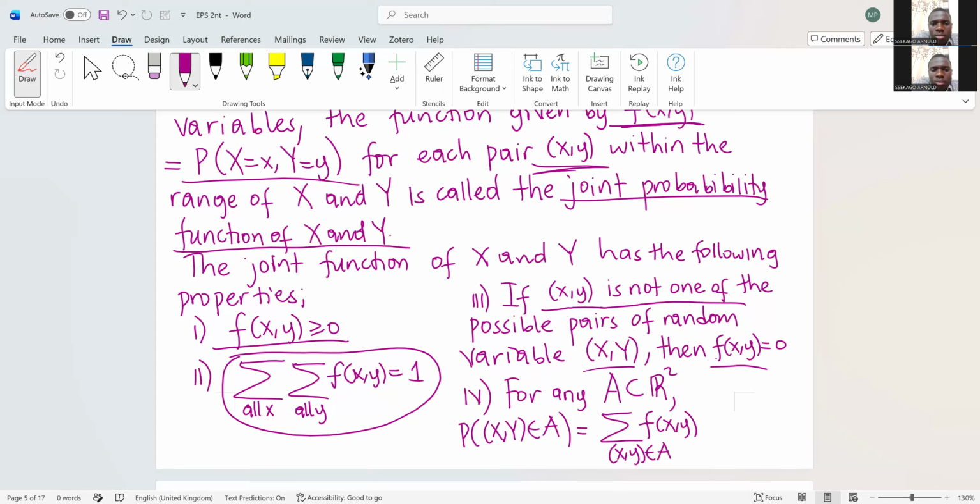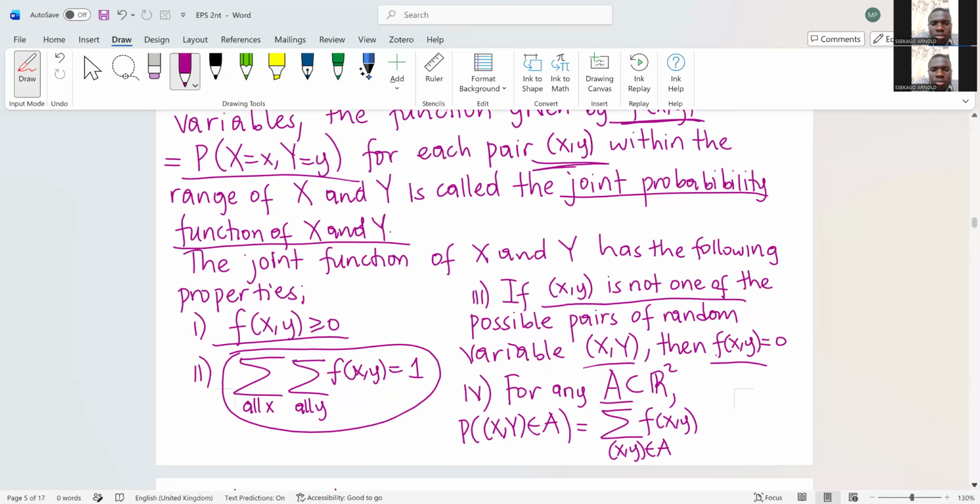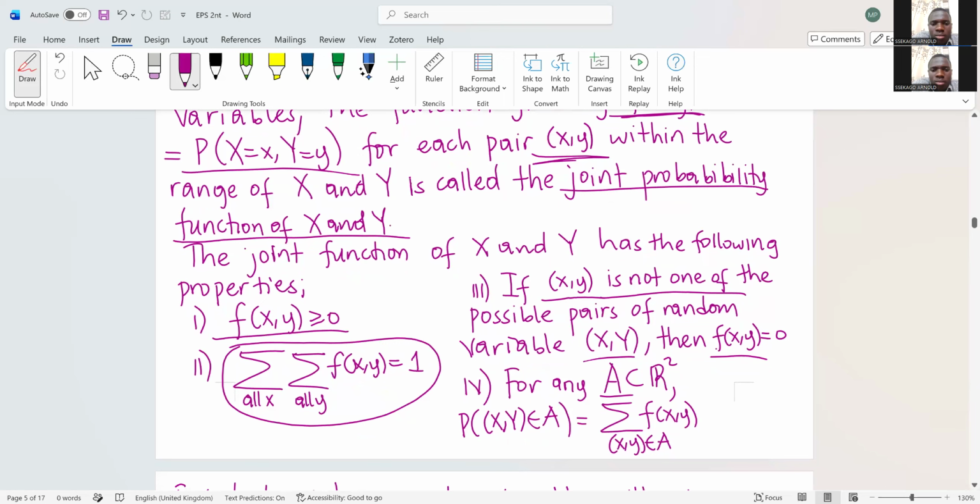Then the last property considers a subset A of R2. For the pair x, y, we are in R2. For a particular subset A of the Cartesian plane R2, the probability of x, y being in that subset A is the sum of the probabilities where the pairs x, y are taken from the subset A.